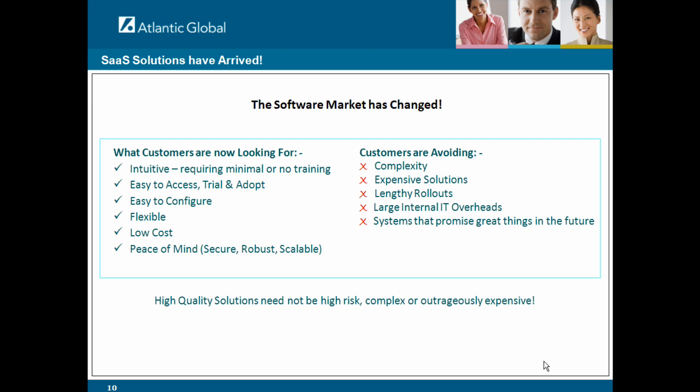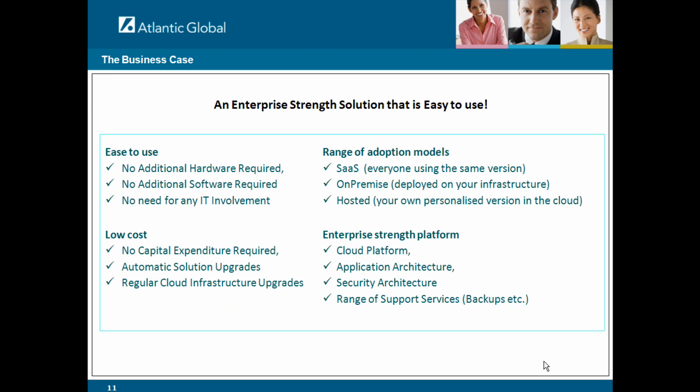Customers are now avoiding complexity, expensive solutions, lengthy rollouts where there's large internal IT overheads, systems that promise great things in the future. So the hallmark of a SaaS application is that it need not be high risk, complex, or outrageously expensive. Atlantic Global Solution is an enterprise strength solution that is easy to use.